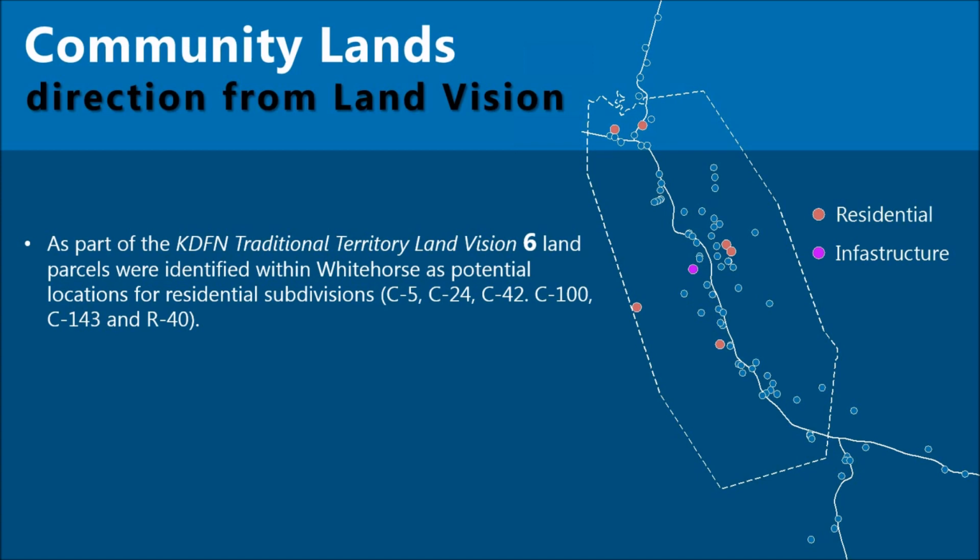So as part of the land vision work that we did with the community, citizens identified 6 land parcels within the city as potential locations for residential development.